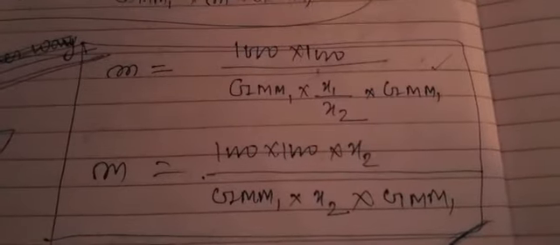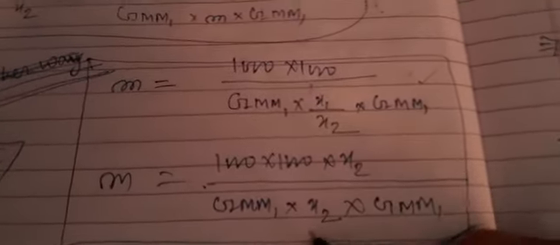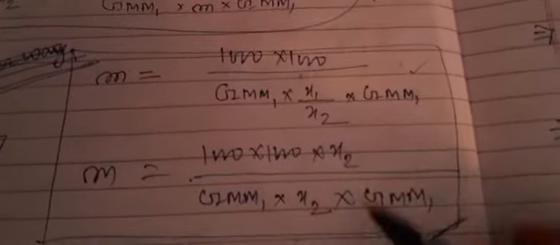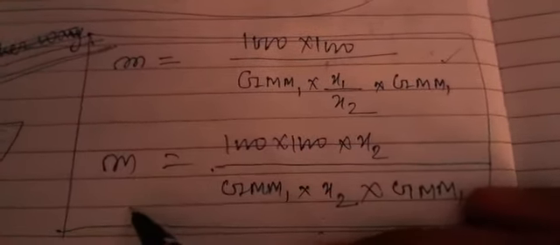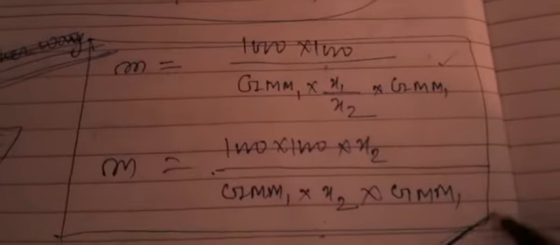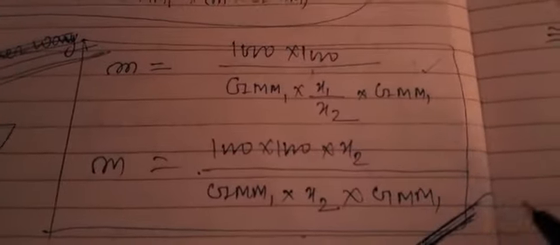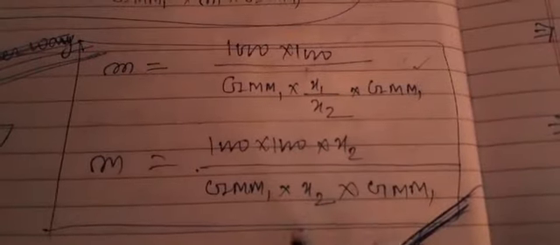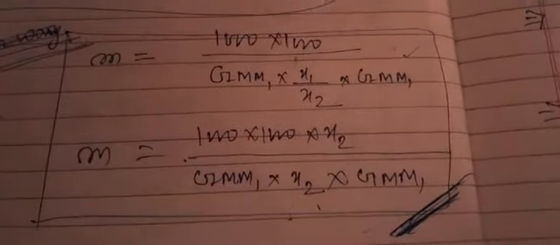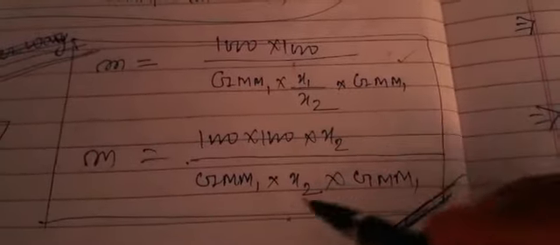So if the mole fraction of the solute is given, then you can find out the molality of a solution. Of the mole fraction of solute as well as solvent, in this case only x2 is there.